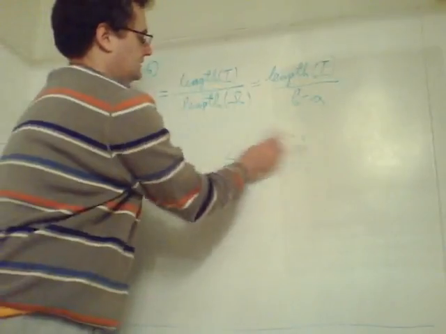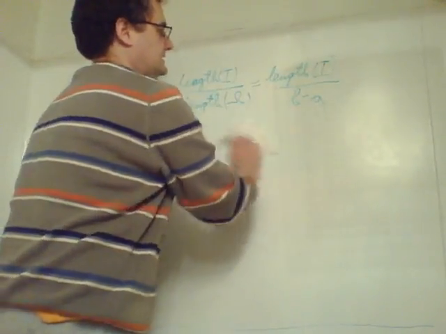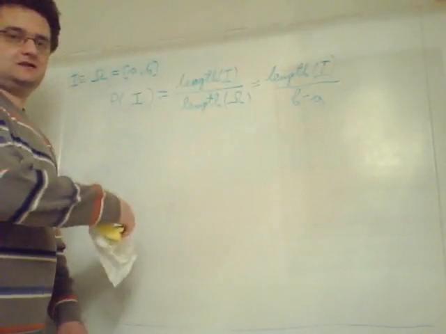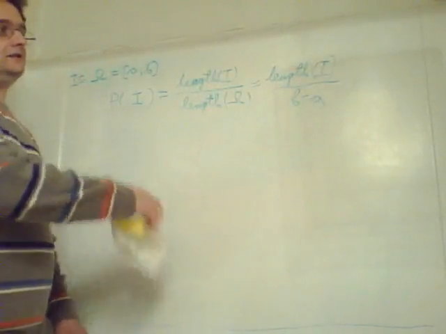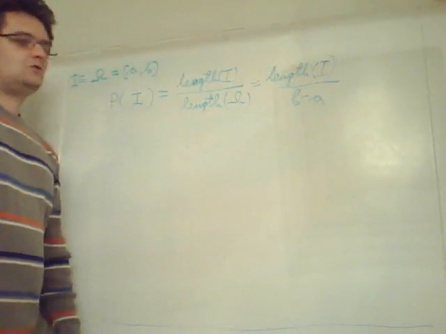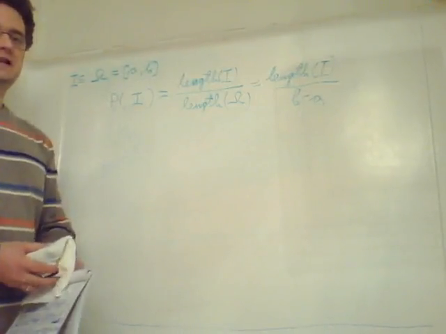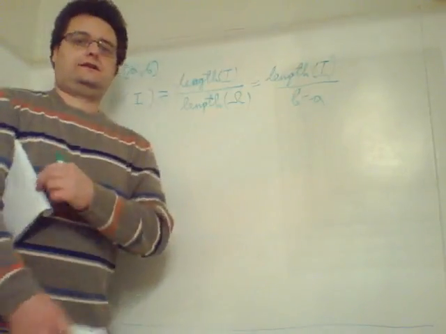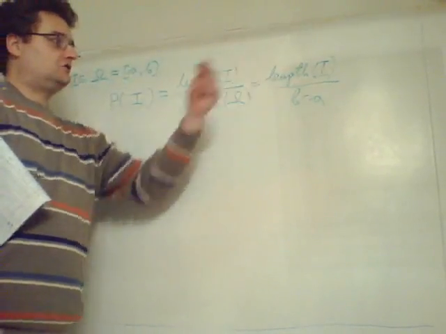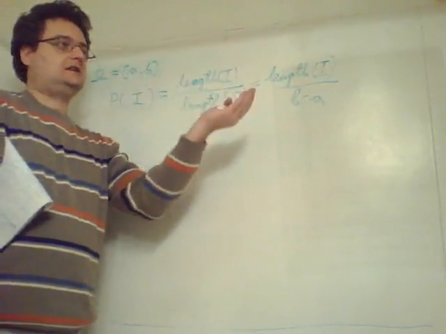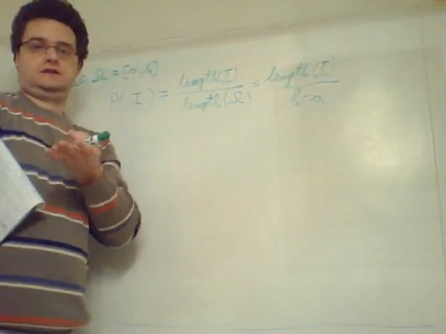And of course, not only do we want some sigma field that contains intervals and elementary sets, we also want the length to be naturally extended from the usual definition of length as the difference of right endpoint minus left endpoint for intervals.